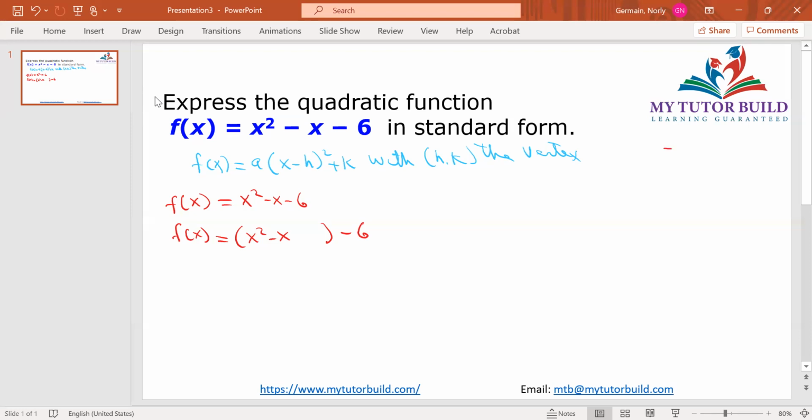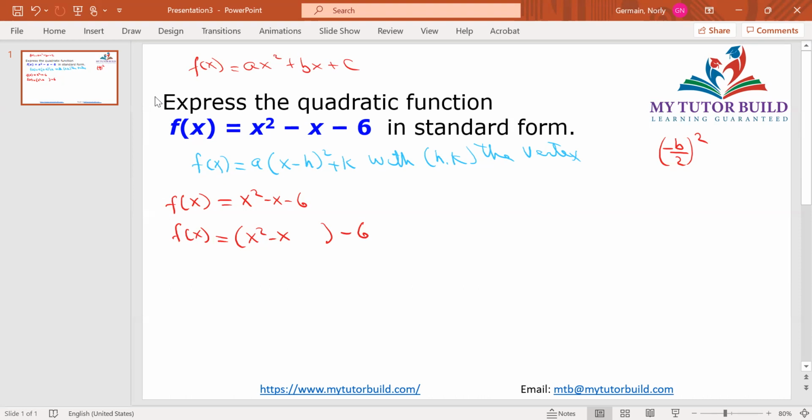For completing the square, you take half of b and square it. What is the coefficient of x? Remember, the function is in the form a x squared plus b x plus c, so the coefficient of x is b. Here, the coefficient of x is -1.